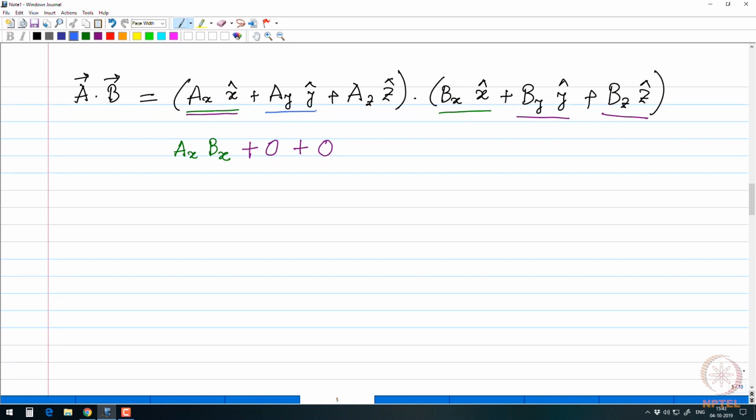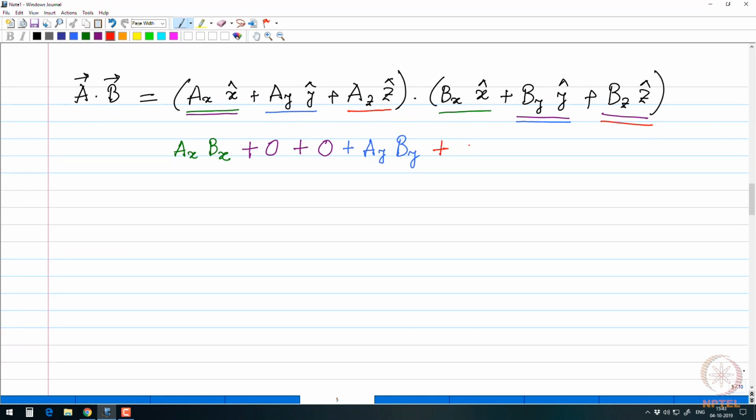Then we come to Ay y cap. Its dot product with Bx x cap goes to 0. The dot product that sustains is with By y cap. So, for that we get Ay By, and the dot product with Bz z cap for Ay y cap also goes to 0. Similarly, for Az z cap, the only dot product sustaining is with Bz z cap.